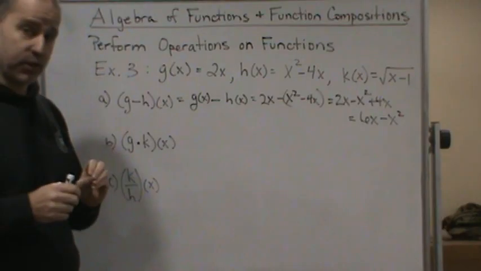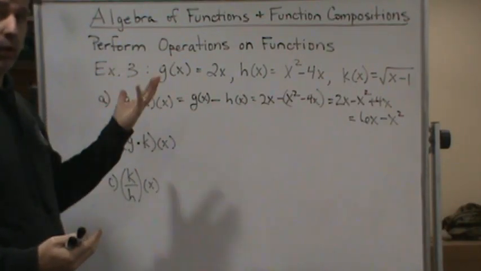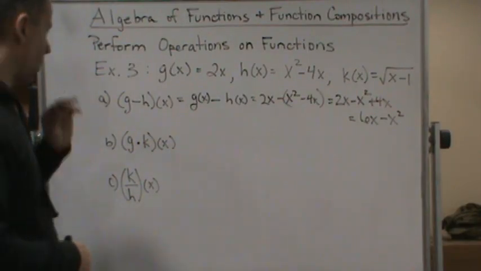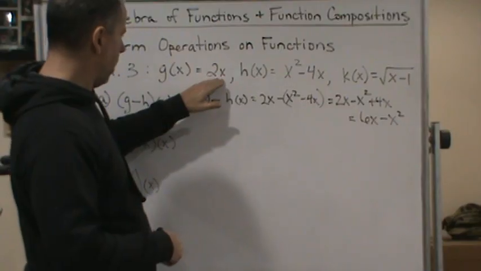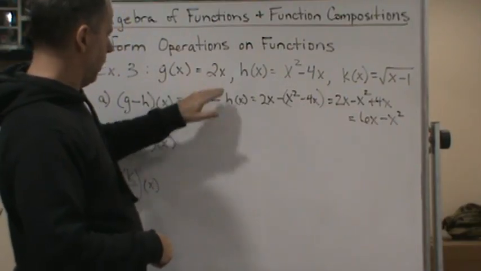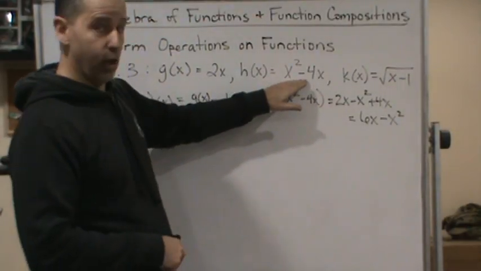Now, the domain, remember what the domain is for these functions. It's the intersection of the domain of both individual functions. So what is the domain of g of x? That's all real numbers. What is the domain of h of x? That's also all real numbers.